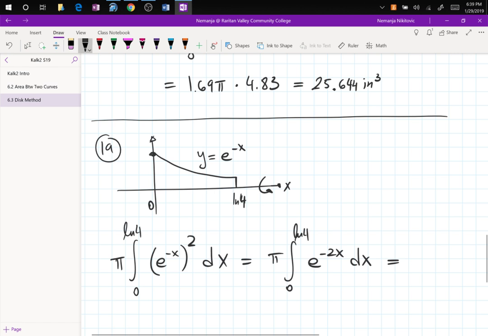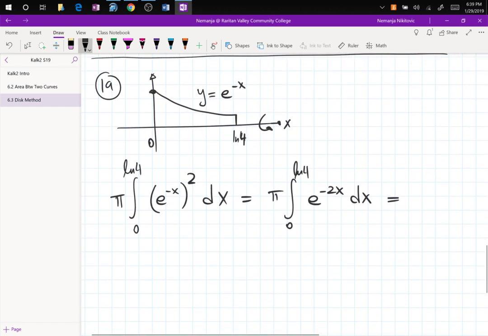And this is now where Calc 1 kicks in. If it's not a basic integral, it's u sub for the entire chapter 6. If it's not a basic integral, it has to be a u sub. I mean, if you memorize the formula, go ahead, just write the answer, right? If you memorize the formula, you know that this is e to the negative 2x divided by negative 2, computed from 0 to ln4, right?